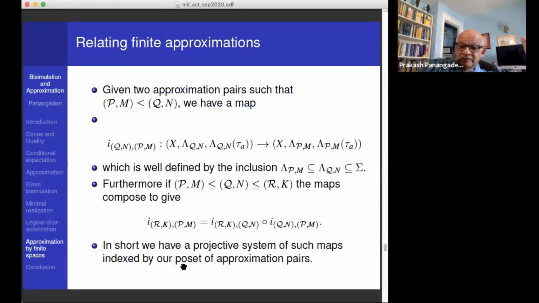So in short, we have a projective system of these maps indexed by a poset of approximation pairs. Right, so we have this whole family of approximation pairs. They're a directed family. And if we look at the associated sigma algebras and approximate Markov processes that we've constructed, we've got a projective system of these maps.